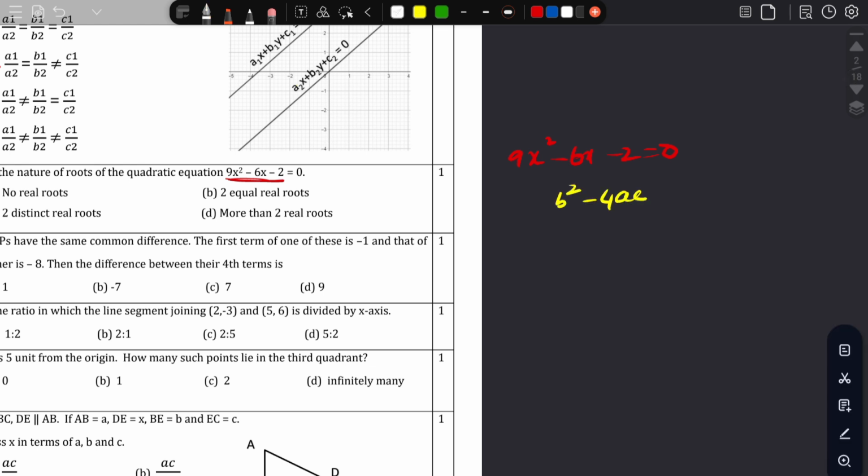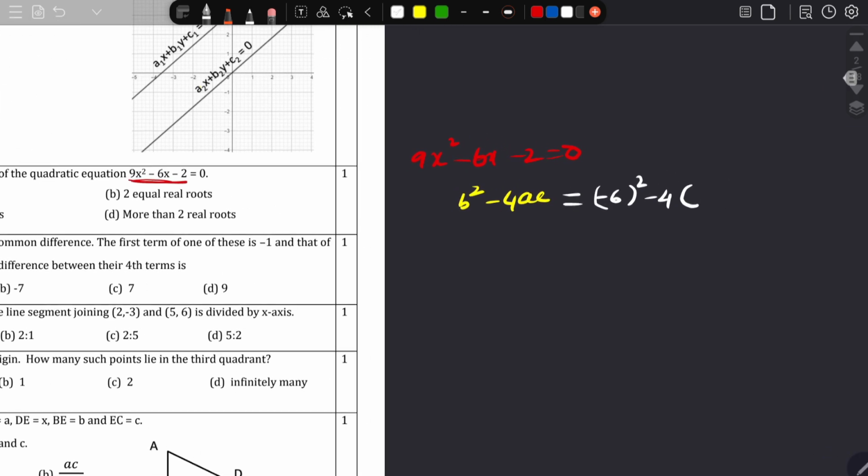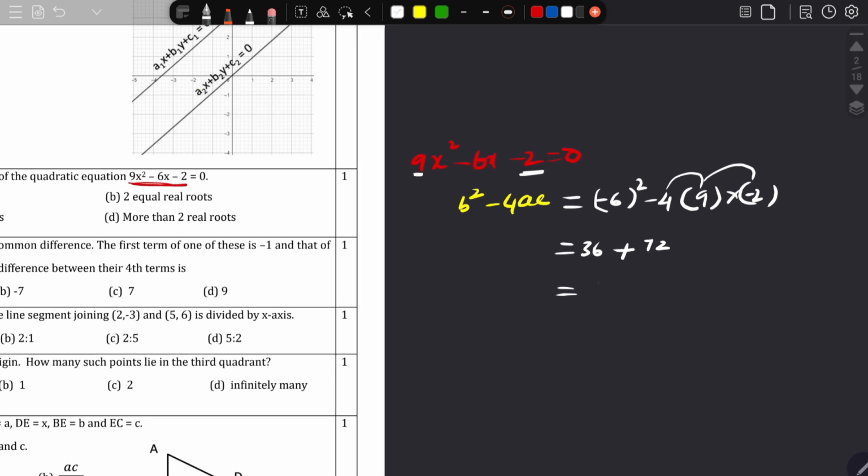By comparing, b value is minus 6, so minus 6 whole square minus 4 into a into c. The a value is the coefficient of x square, so a is 9, and c value is minus 2. 6 square is 36, minus into minus is plus, and 4 into 9 into 2 is 72. Their addition is 108. So 108 is positive and it's greater than 0.